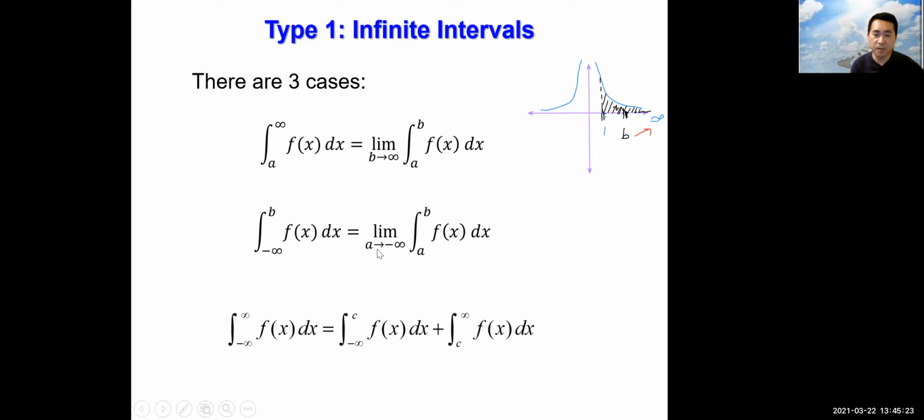Then we take the limit as a approaches negative infinity. And in the last case, if we have to go from negative to positive infinity, we split that into 2 integrals, from negative infinity to c, then from c to infinity. Then it's really case 1 and case 2 combined.